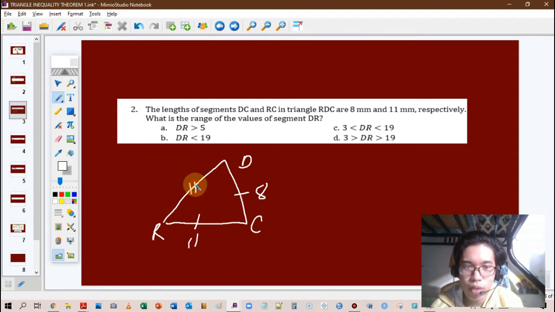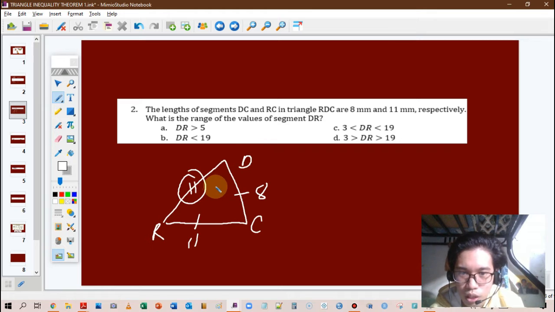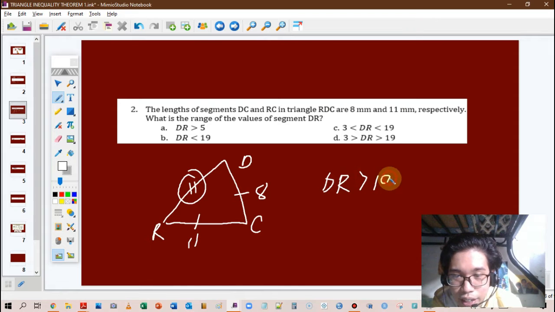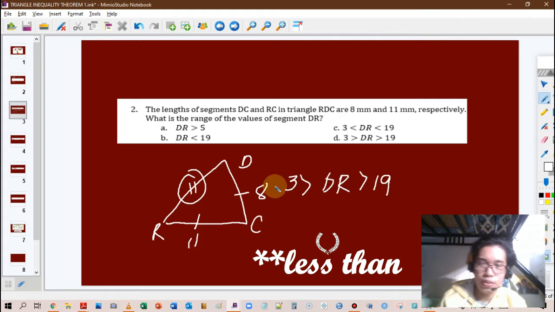What's the range of the values for this segment right here? Therefore, we know that the value of DR should be greater than 19, right? It should be greater than 19 for this one. DR should be greater than 19. Also, it should be greater than 3.